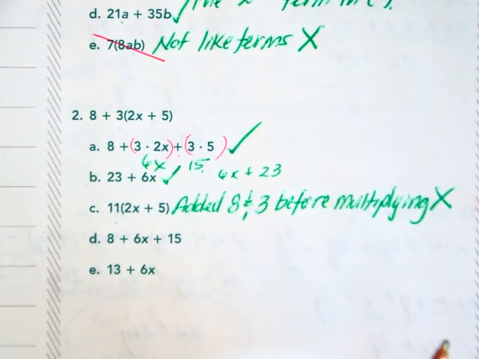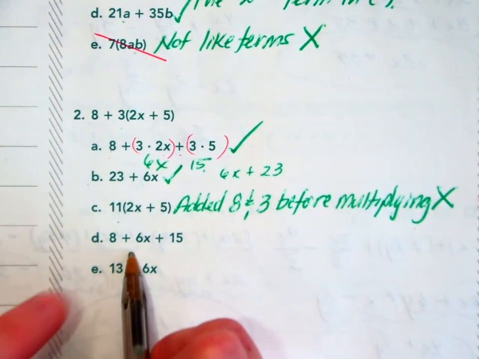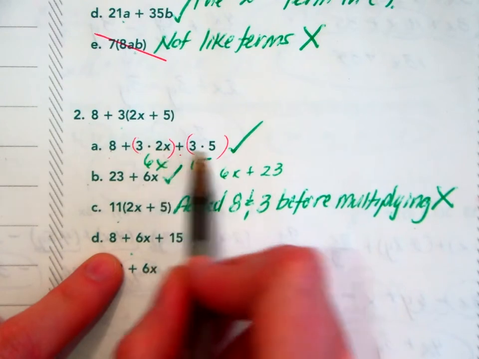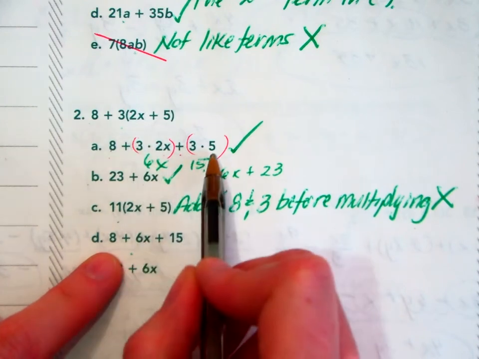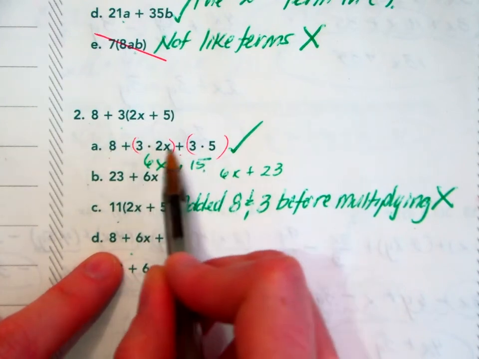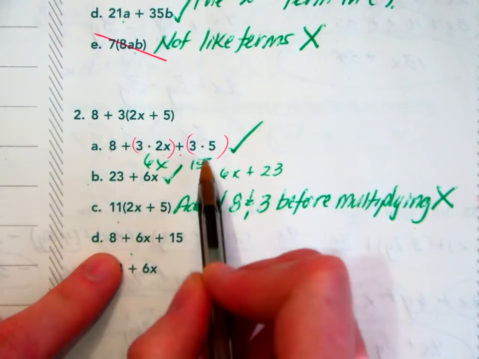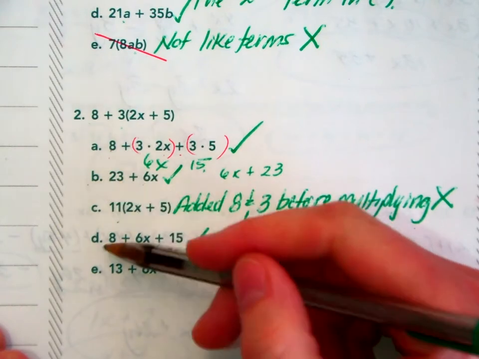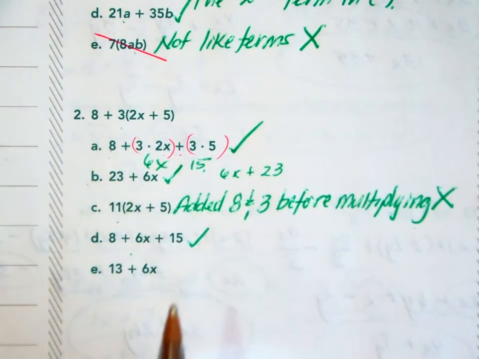So sad. This one looks good because I worked out those steps a minute ago. You might have seen my scratch up here when I was trying to simplify some of the distribution they had done. 6x, that's a match. 8 was a match, and then 3 times 5 was 15. So it's as if A, B, and D are all related steps.